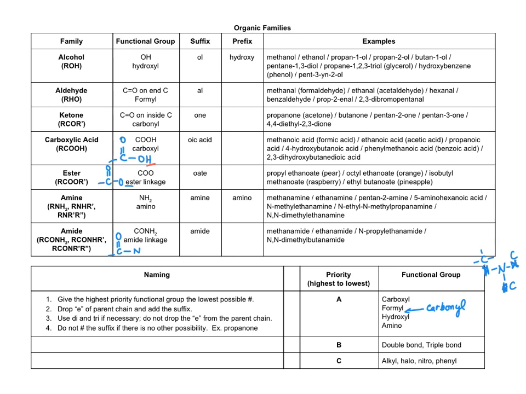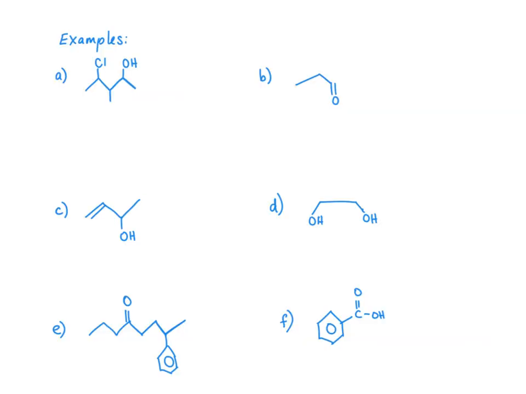Okay, so that's everything you need to know about naming and drawing these families. So the rest of the video then is going to be examples. Okay, so we'll look at example A here. Recognizing the halogen group and the hydroxyl group, we check the priority list and the hydroxyl group is higher. So we'll number the carbons in the longest continuous carbon chain to give the OH the lowest possible number.